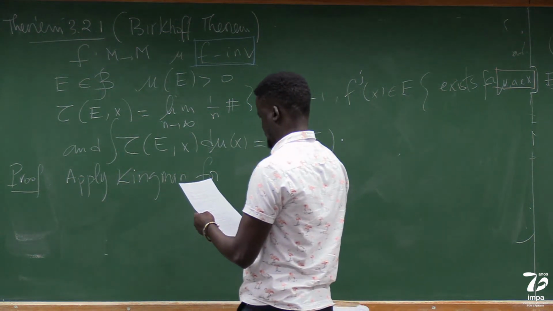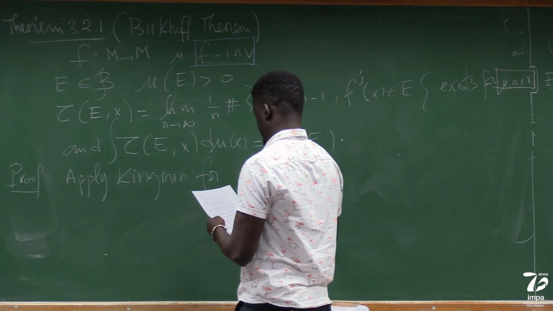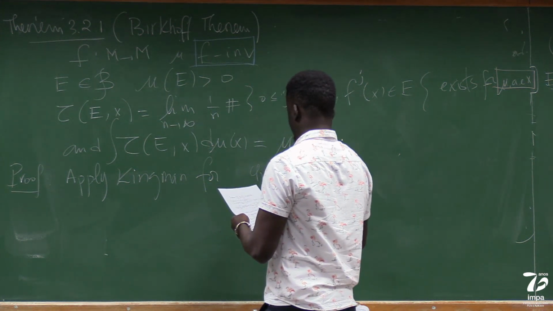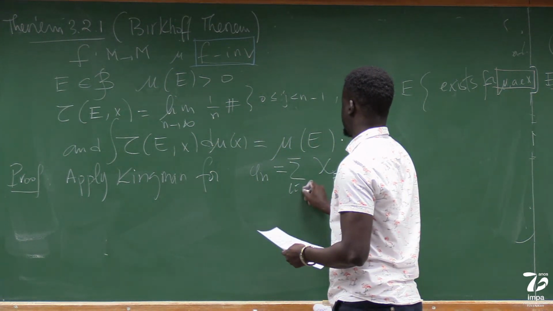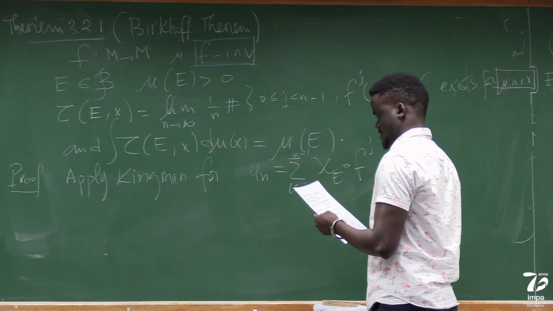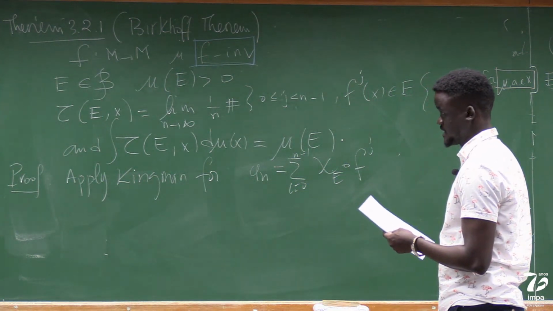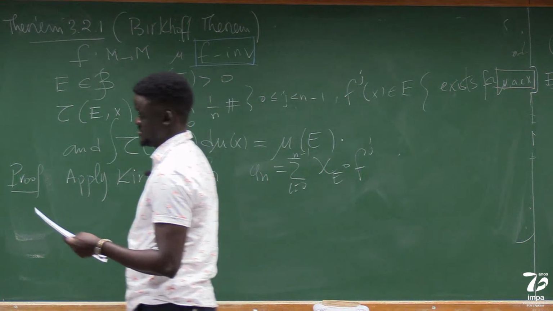So for this sequence, phi n is the sum of the indicator of E composed with f^i, for i equals 0 to n minus 1. Kingman tells you that this limit exists.